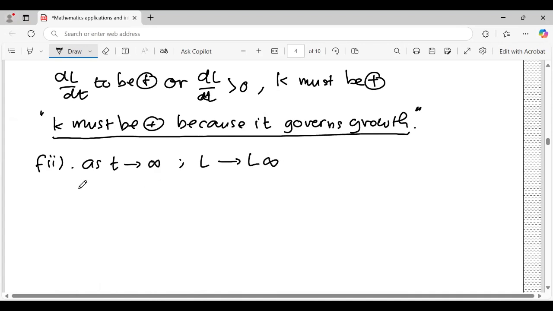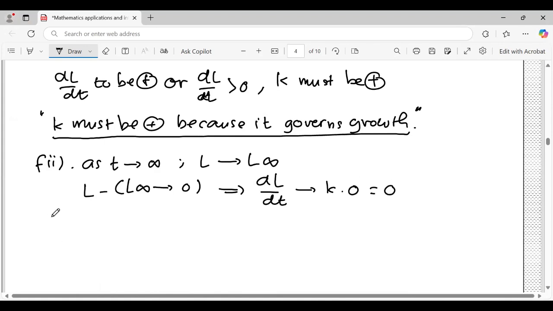So L minus L infinity approaches zero, the implication being that dL/dt goes to k times 0, which equals 0.